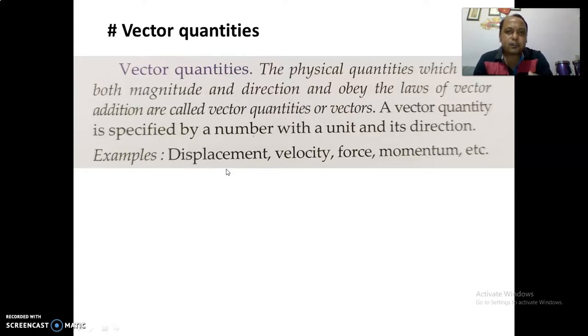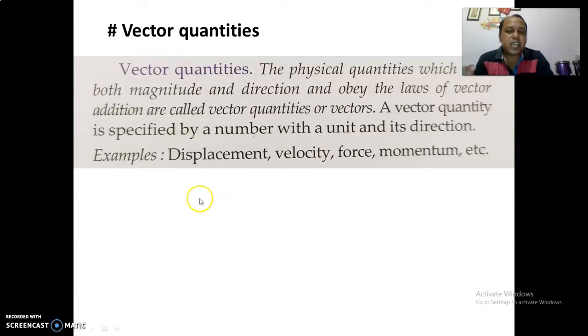The direction of force along with the value, that is 5 newton, makes the force complete. If you just say the force is 5 newton, the information is not complete. You have to consider the direction also to specify any force. So vector quantities are those quantities which have magnitude as well as direction.